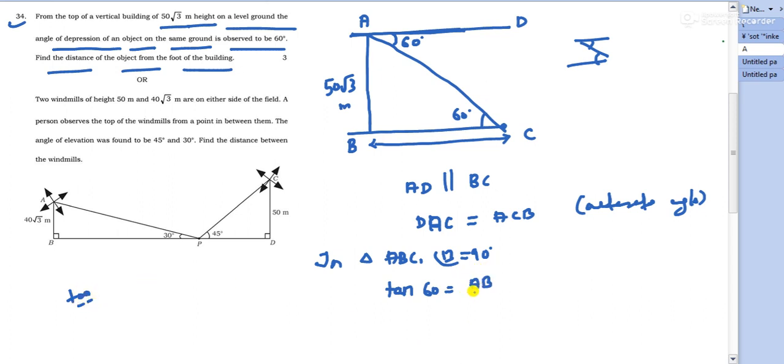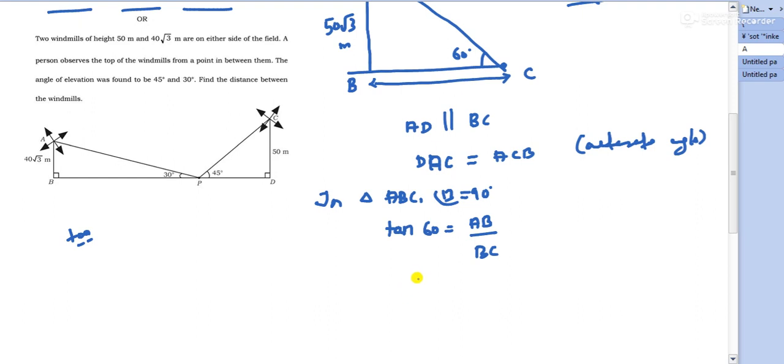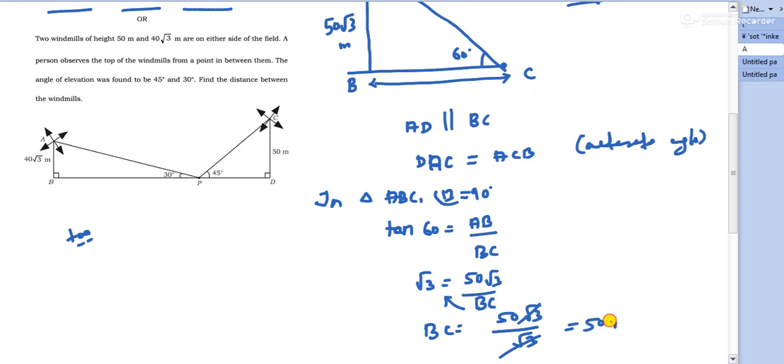AB by adjacent, which is BC. Tan 60 is root 3, which is equal to AB, which is 50 root 3, by BC. So do the cross multiplication. You will get BC equals 50 root 3 by root 3. Both the root 3 will get cancelled and you'll get the answer as 50 meter.